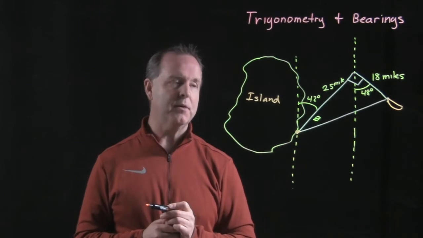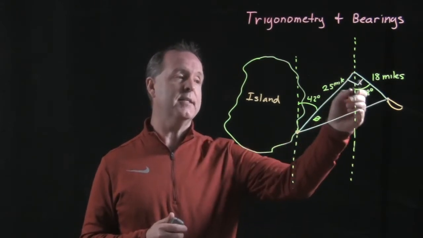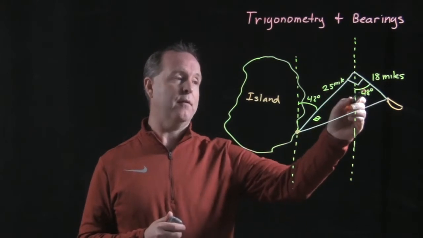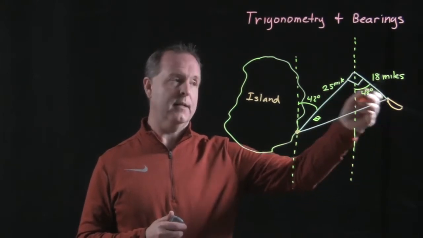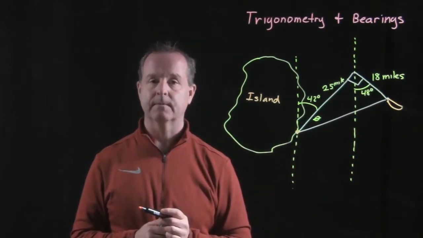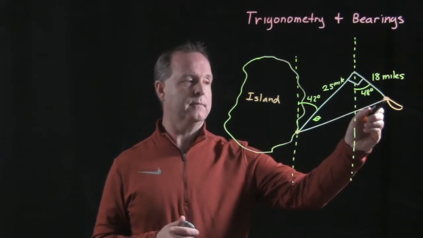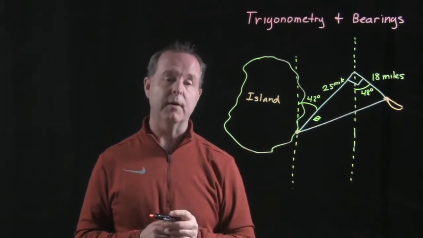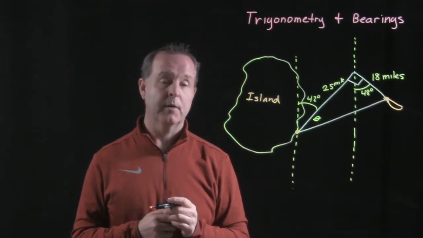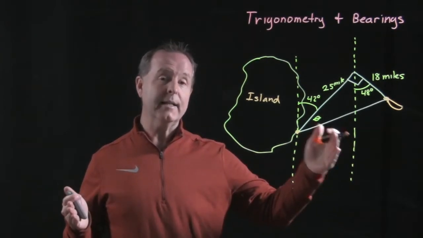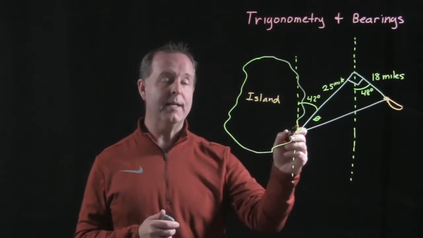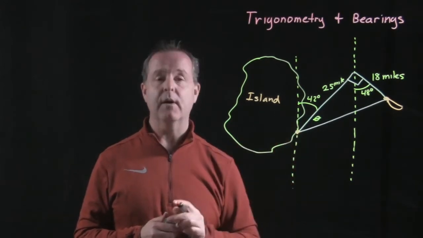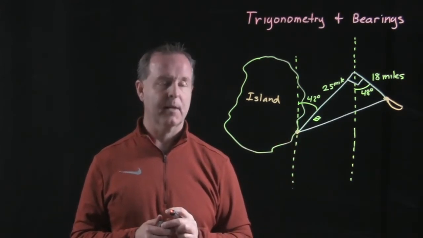After 25 miles, the captain turned the boat clockwise 90 degrees and then continued on a heading of south 48 degrees east for 18 miles. The current position of the boat relative to the harbor is what we're trying to discover. So we want to know how far away he is from the harbor, and what the bearing is in relationship to the harbor.